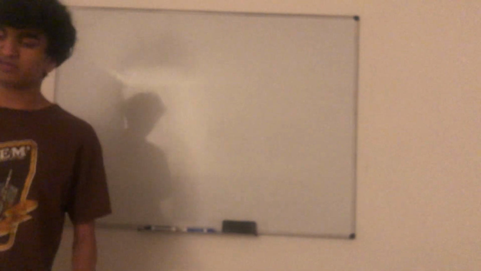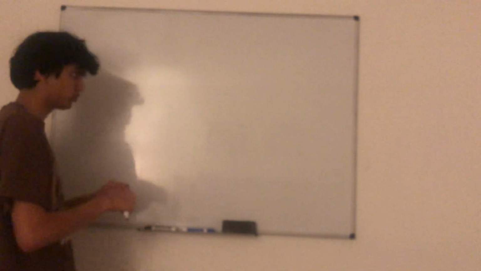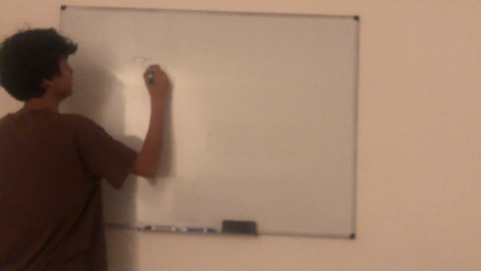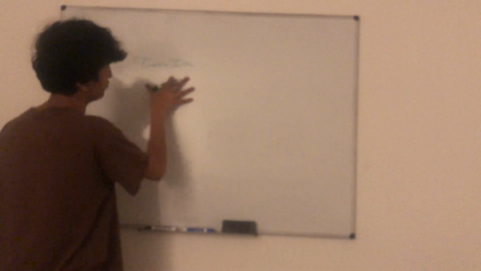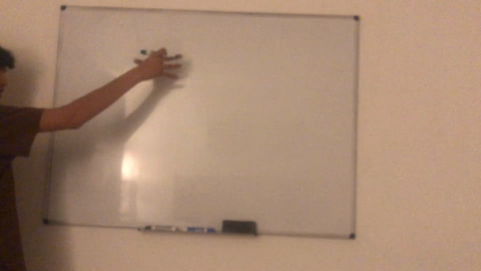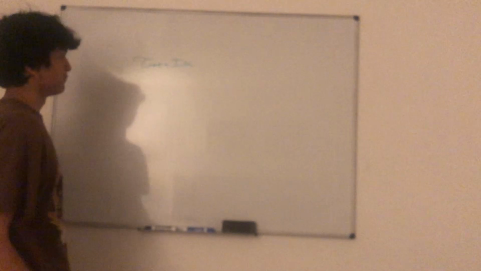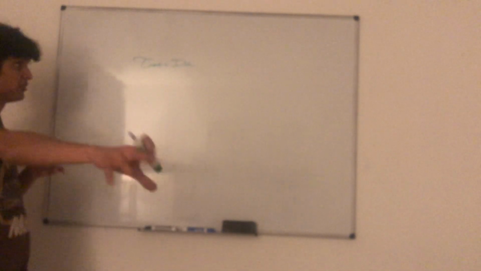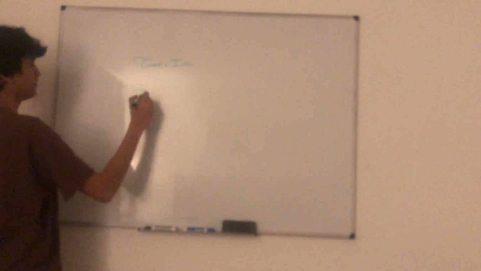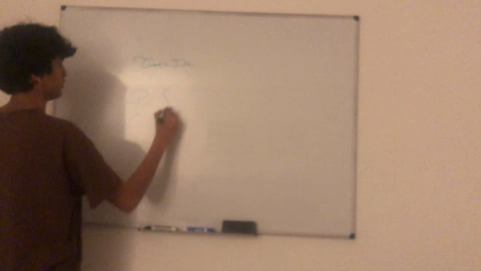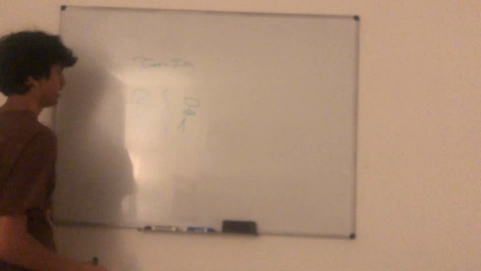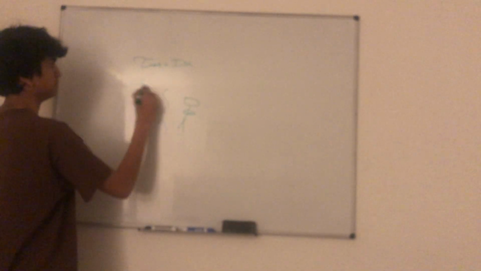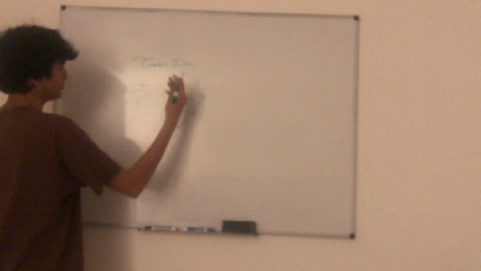So what this problem makes us realize is that, just by observation, T net equals I alpha is not always true. Not for every scenario, because as an ice skater pulls her arms in, there's sort of a contradiction where it doesn't really work.